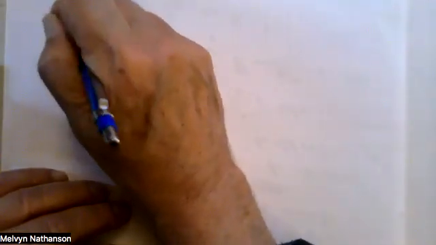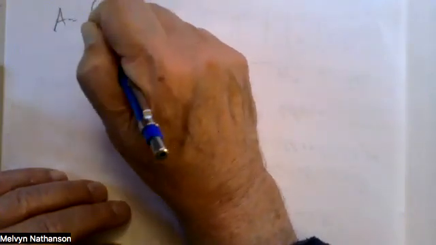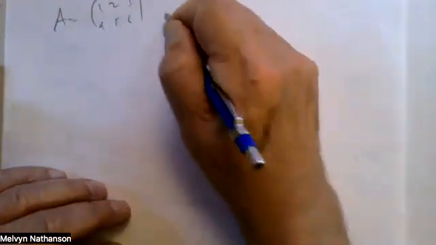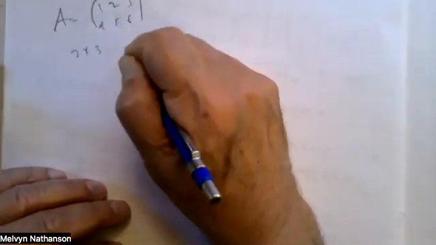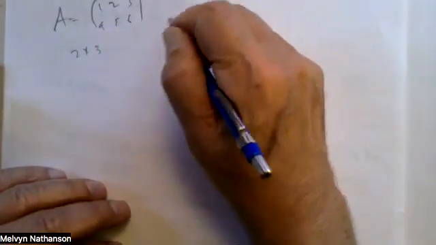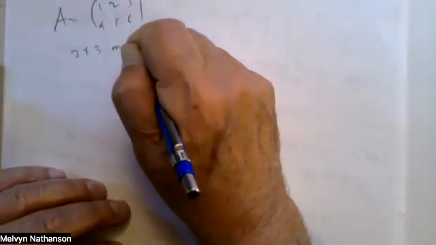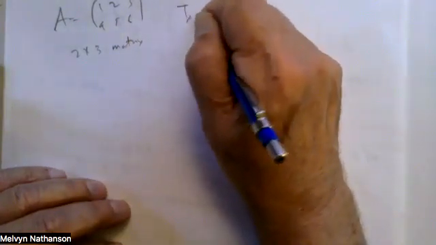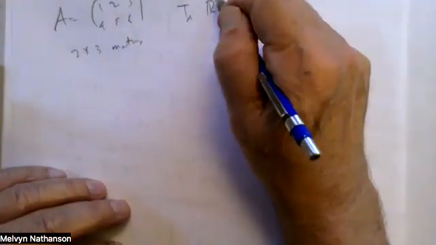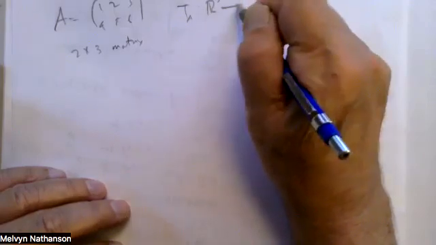And just as a simple example, suppose A is the matrix 1, 2, 3, 4, 5, 6. So this is a 2 by 3 matrix, and this defines a function T sub A from R3 to R2. How is that?